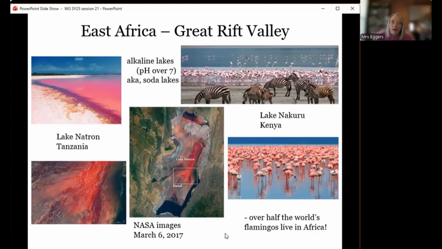So yeah, and the pictures are just incredible. So anyway, whatever fun facts you want to write down there about these lakes, I would say alkaline lakes, very high pH, lots of flamingos. Oh, and they turn red because of algae. The temperature of the water causes algae bloom, I guess you could say.